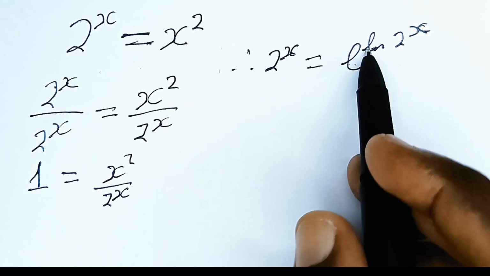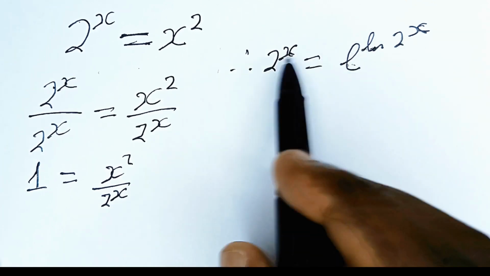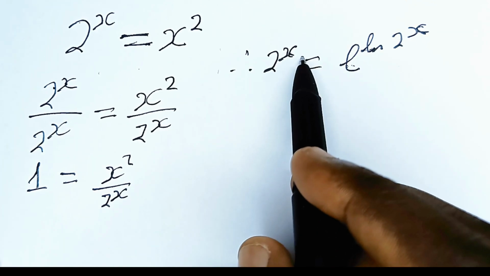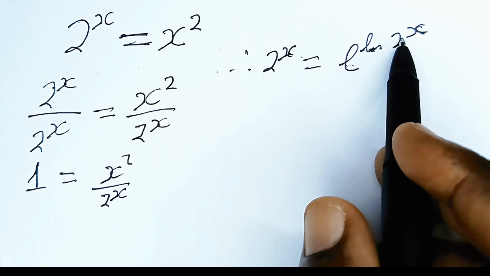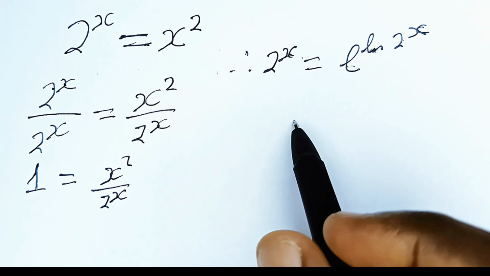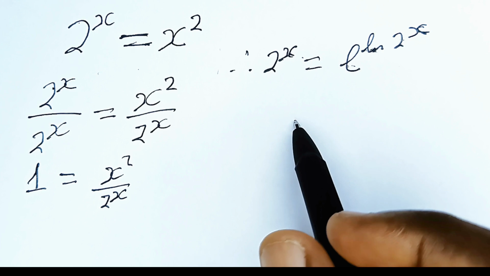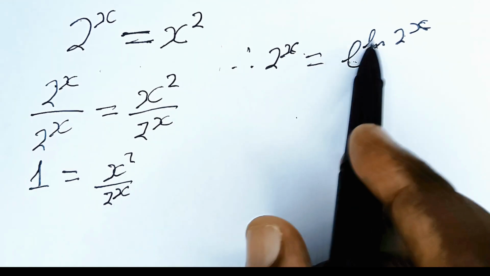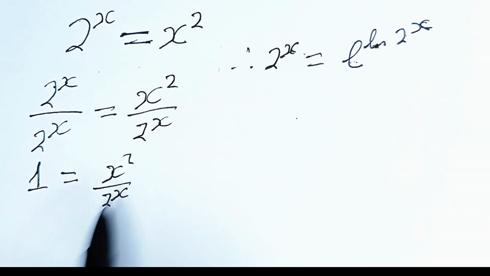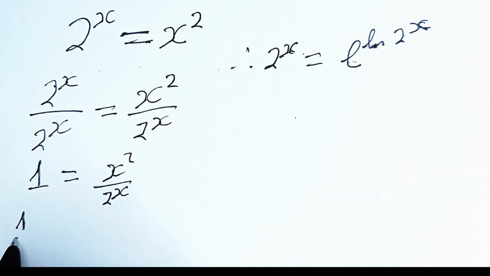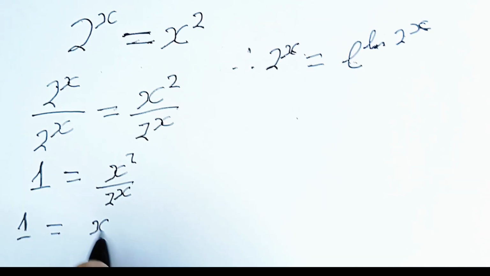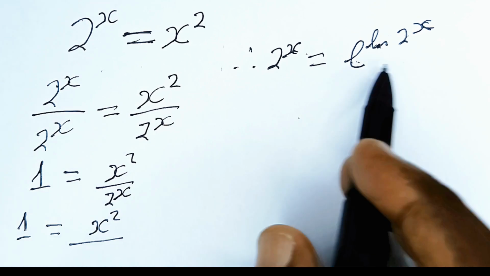Since this and this are reciprocal, they can cancel out and give us back this. So we have to introduce that to this in order for us to make our equation easier to solve. Now, let's introduce that there. So it means instead of this, we'll be having 1 is equal to x squared divided by.